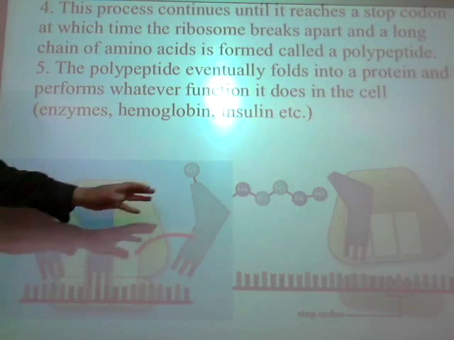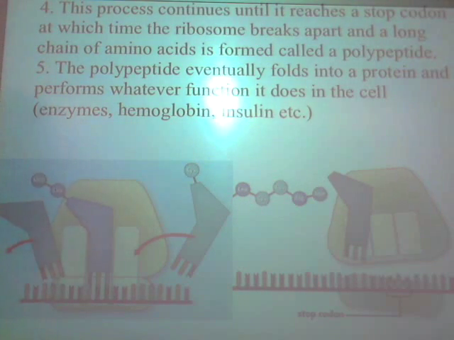And this chain is not just one straight long chain. Like I said, it folds upon itself and eventually forms a three-dimensional structure. This one I'm going to show you a picture of is hemoglobin. But in order to be functional, it has to be able to do that.